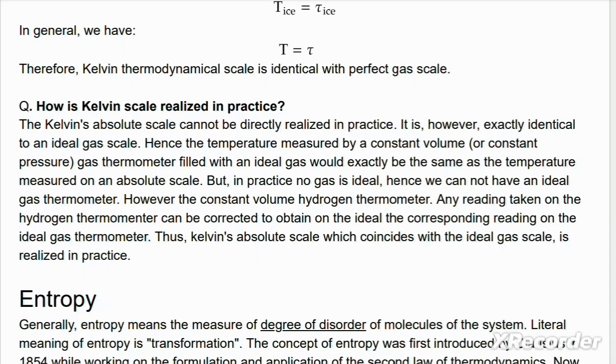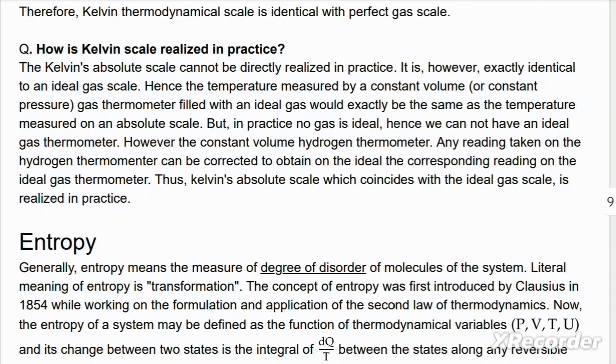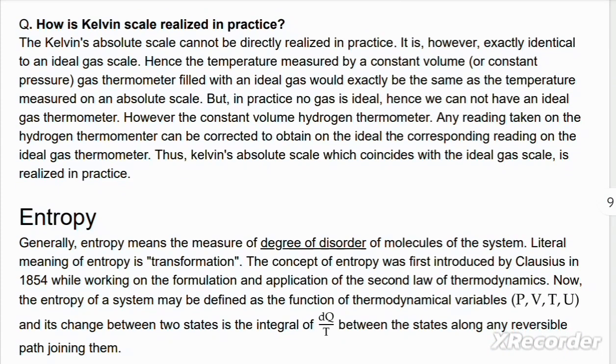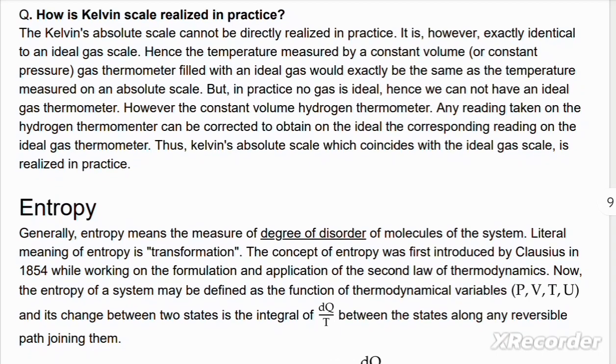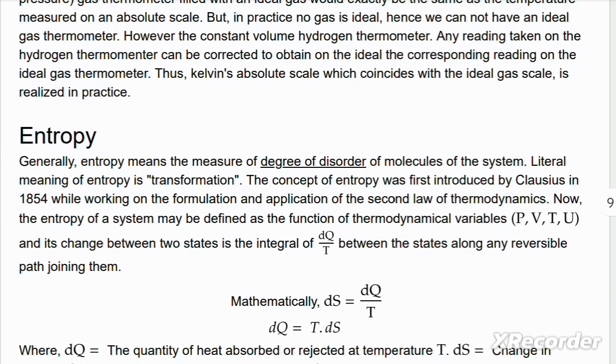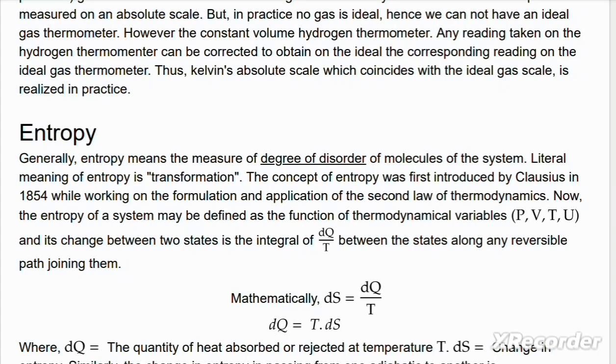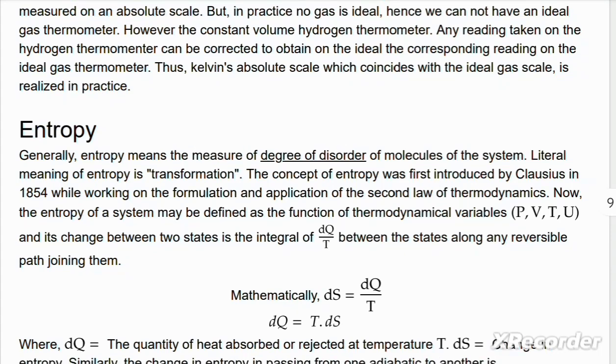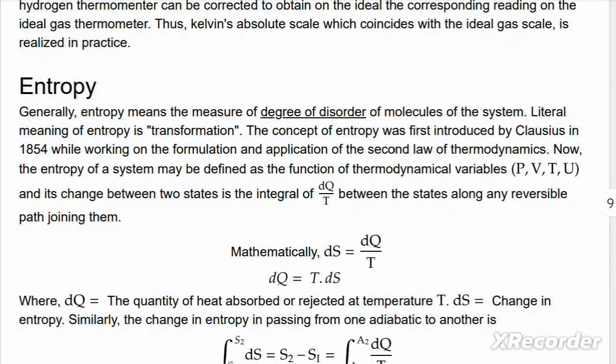Hence, we cannot have an ideal gas thermometer. However, any reading taken on the constant volume hydrogen thermometer can be corrected to obtain the corresponding reading on an ideal gas thermometer. Thus, the Kelvin absolute scale, which coincides with the ideal gas scale, is realized in practice.